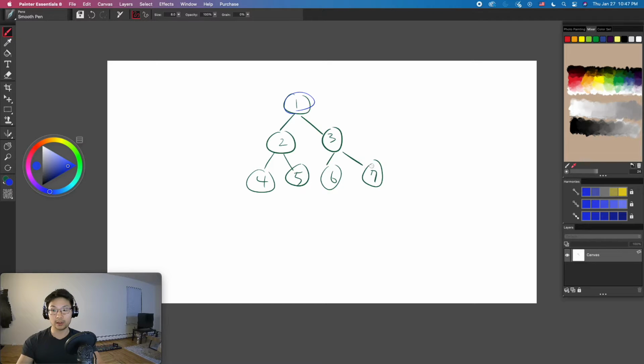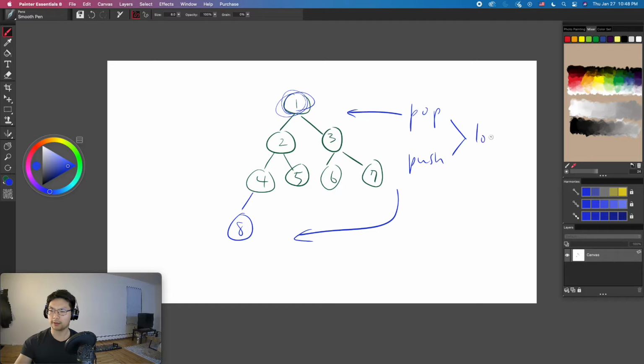But we could also add something to the tree. So we could add something here, right? Now the cool thing is that pop and push, respectively, are log operations, log n operations.